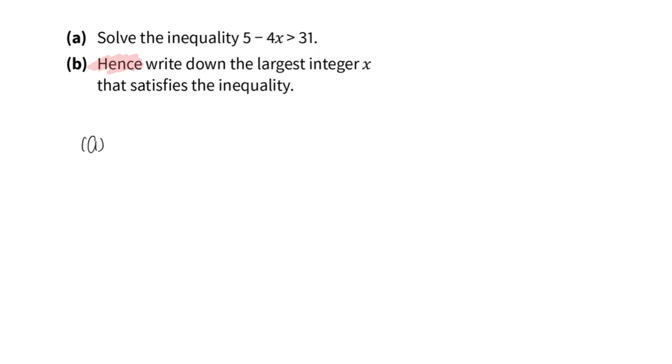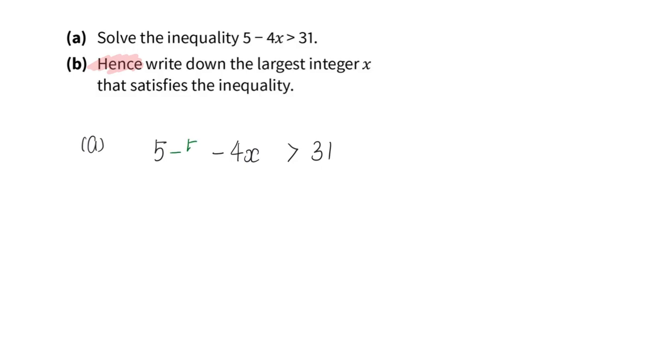And so here's the inequality: 5 minus 4x is bigger than 31. Well, there's a reason why Mr. Tan put a nice space in between 5 and negative 4x, because I would want to ensure that one side of this inequality has only all the variables and the other side only has all the numbers.